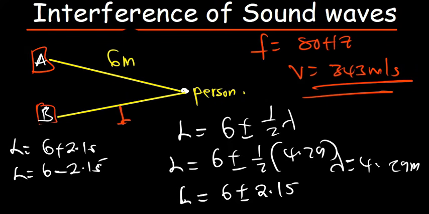So L must be 8.15 meters for a destructive interference to occur, or L must be 6 minus 2.15, which is 3.85. So for a destructive interference to occur, L must be 8.15 or 3.85.